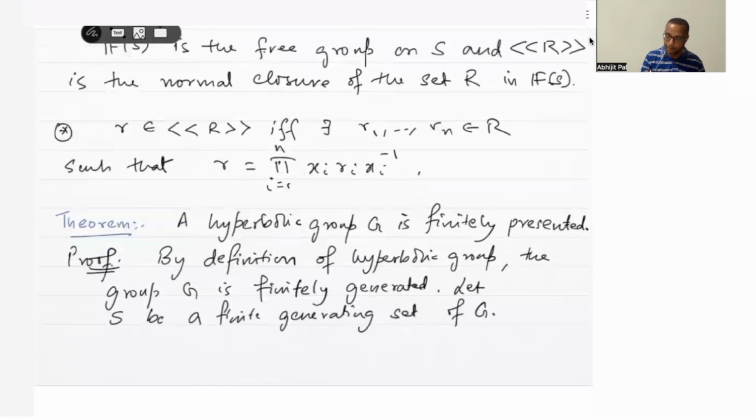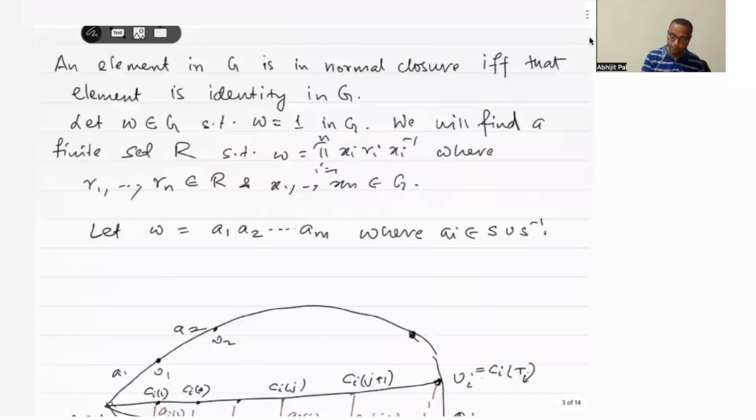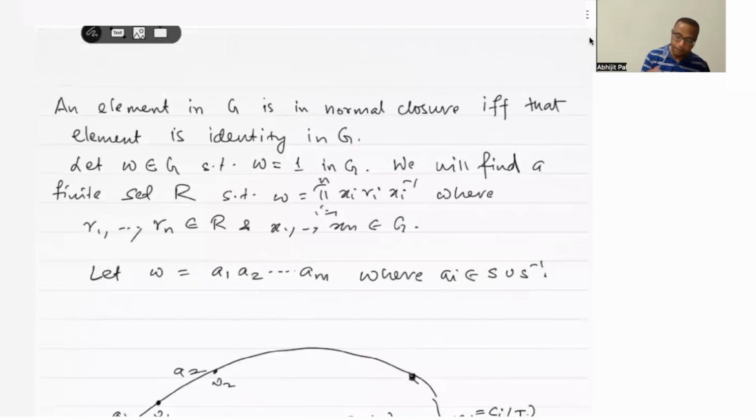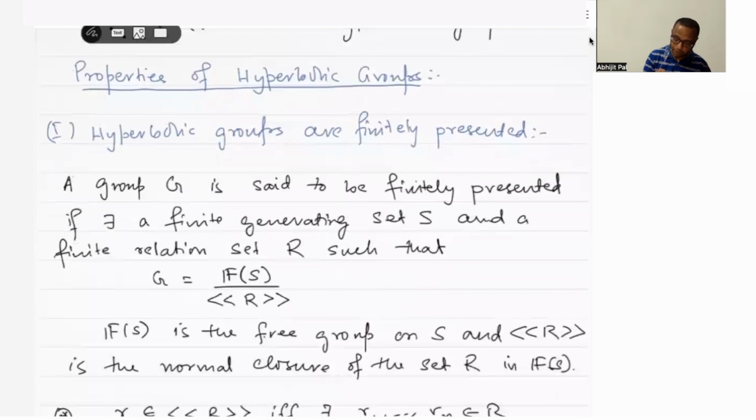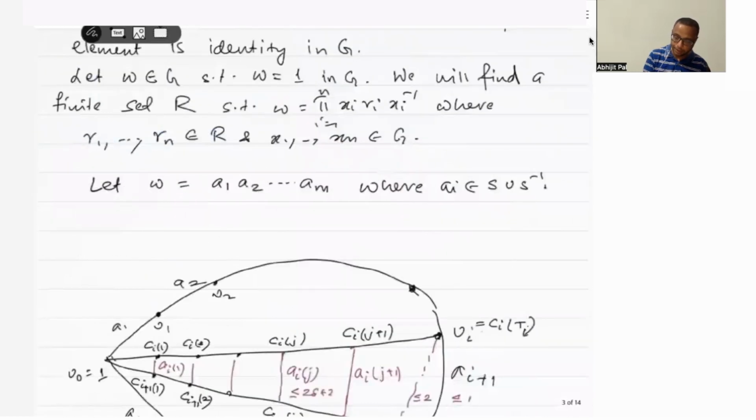By definition of hyperbolic group, the group G is finitely generated, and let S be a finite generating set of G. First of all, note that an element is in the normal closure if and only if that element is the identity element in G. Suppose I take an element W which belongs to this denominator, that is the normal closure, then that element will be the identity element in G. And the converse is also true.